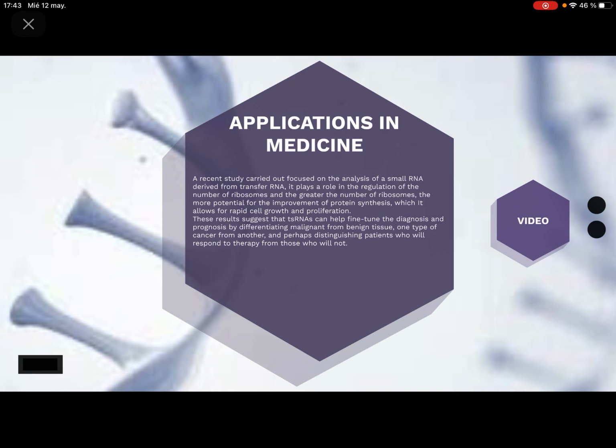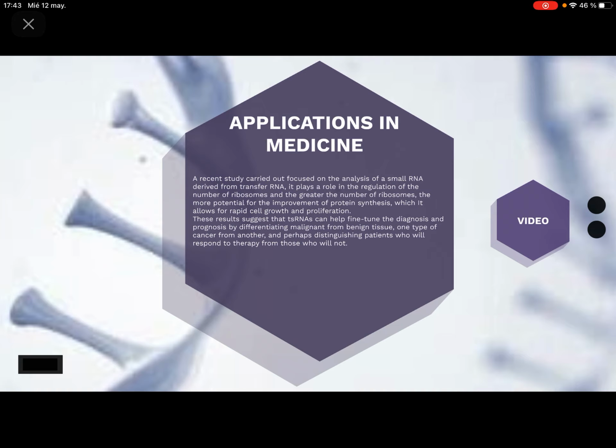Application in medicine. A recent study carried out focused on the analysis of a small RNA derived from transfer RNA. It plays a role in the regulation of the number of ribosomes, and the greater the number of ribosomes, the more potential for the improvement of protein synthesis, which allows for rapid cell growth and proliferation.